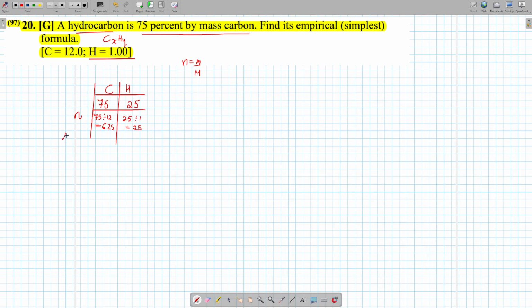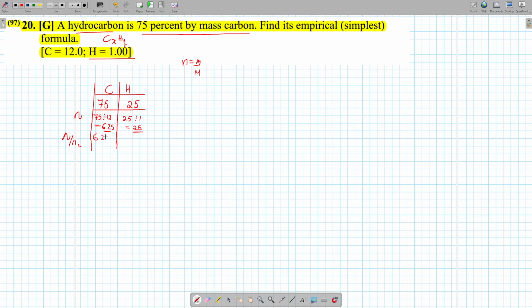Now you're going to do another step: the moles divided by the least moles. You now have 6.25 and 25, and you're going to divide them by the smallest number between them. So what's smaller, 6.25 or 25? 6.25. Since 6.25 is the smaller number, you divide both of these by 6.25.